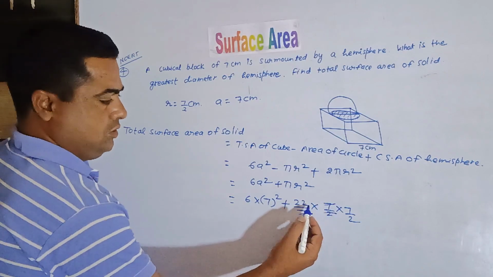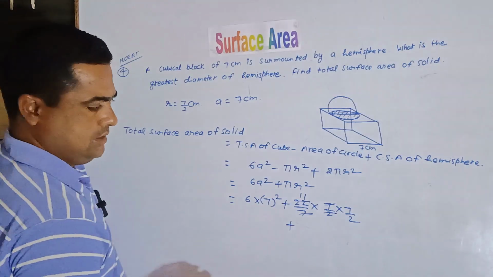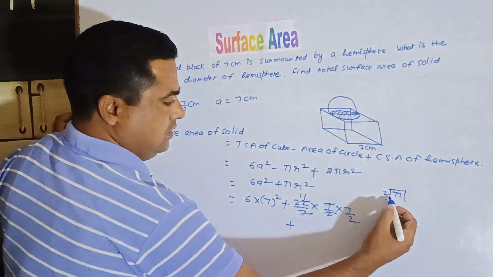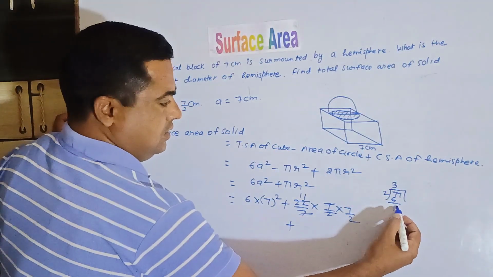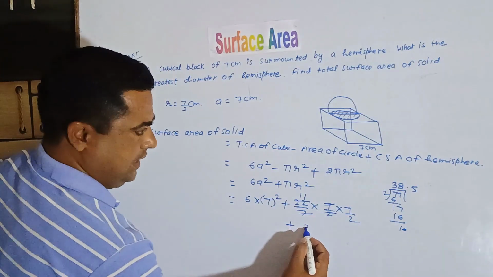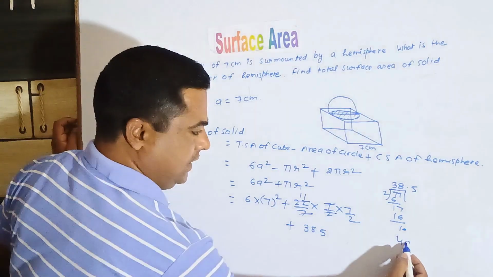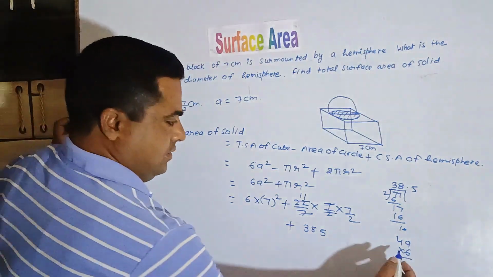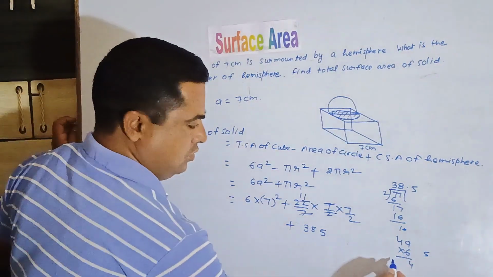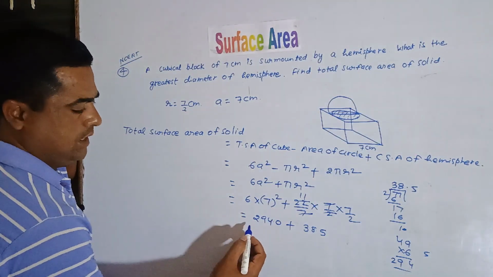Now 7 cancels out, 2 how many times? 11 times. 7 into 11, this is 77. 77 upon 2, so this will be 38.5. 7 7s are 49. 49 into 6: 9 6s are 54, 5 6s are 30 plus 4 is 34, so this will be 294. 294.0. Now we are adding both.